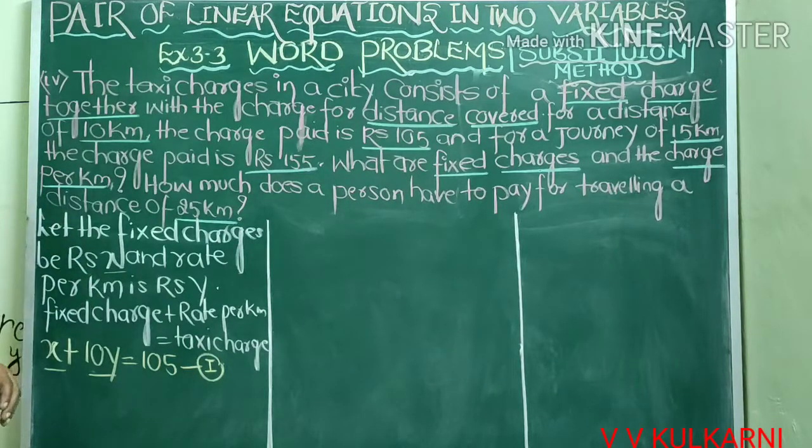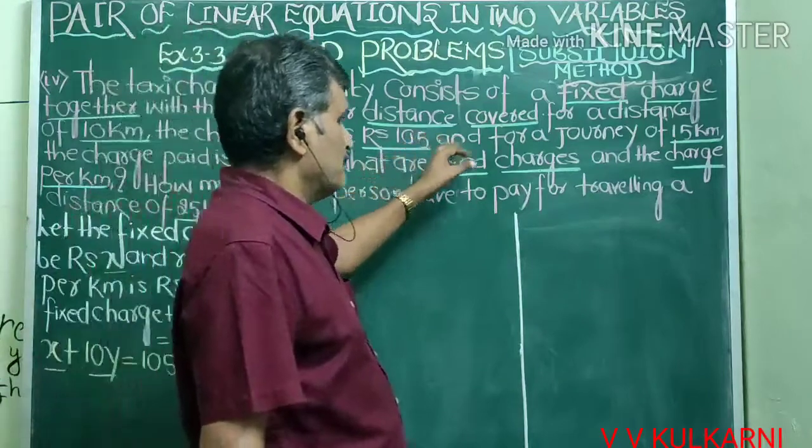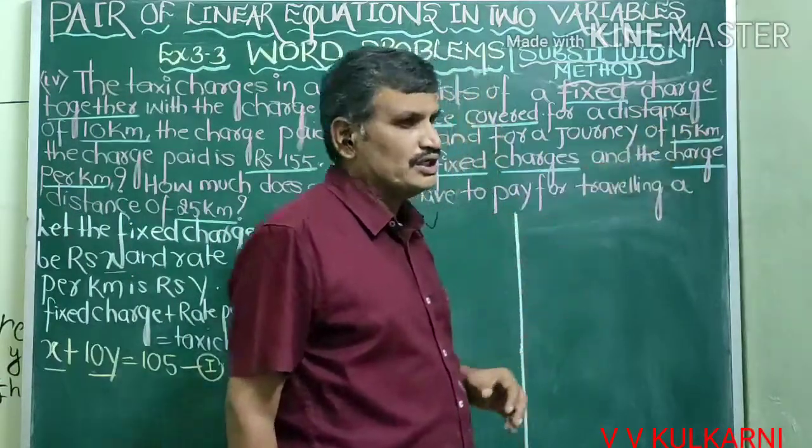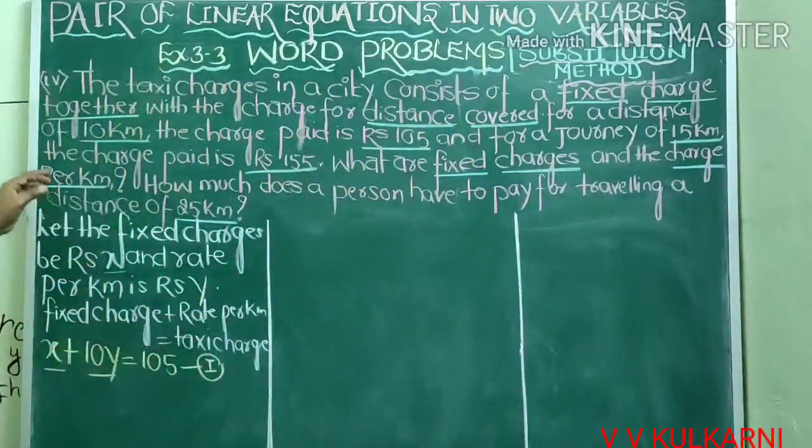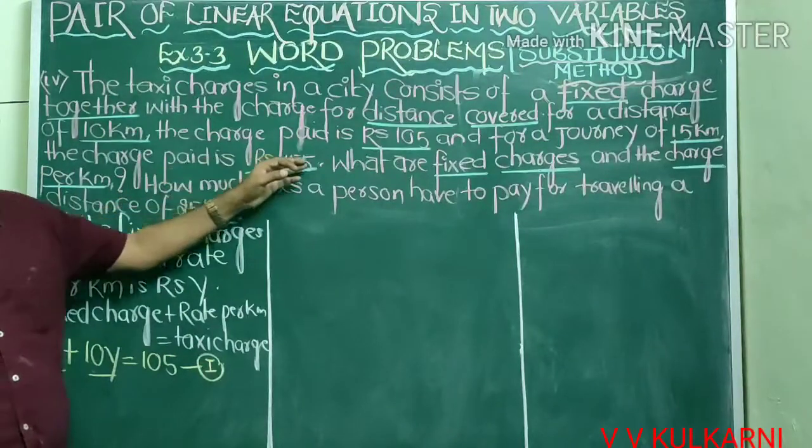Condition number two says, if the person travels a journey of 15 kilometers, then he has to pay the charge of 155.